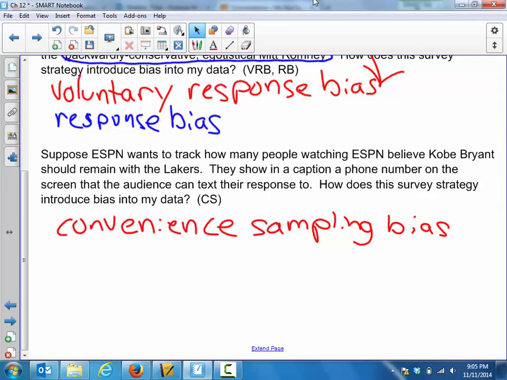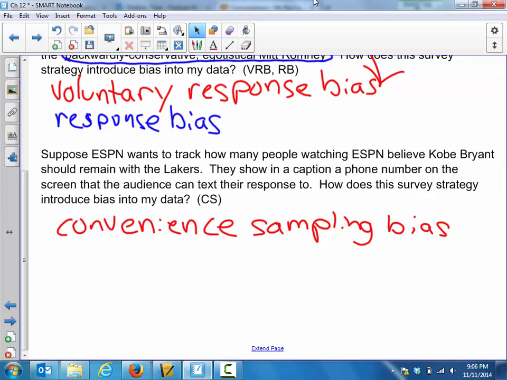And thus, there is convenience sampling bias that results. They've really not done any legwork. They're expecting the population of ESPN viewers to respond and basically do the survey for them, in a sense. And there, too, you run the same risk of voluntary response bias that you did in the second example.